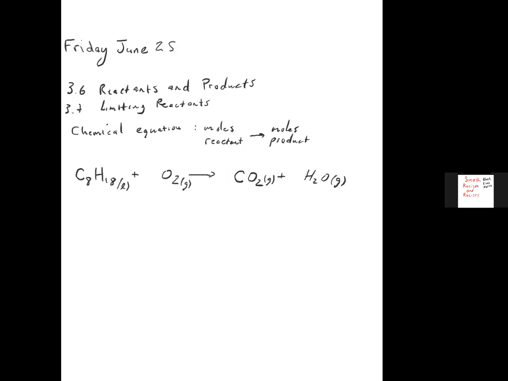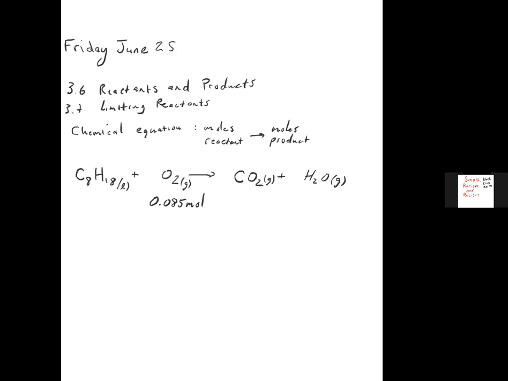Okay. So it says here that if you have 0.085 moles of oxygen. Okay, so that's given. So notice what I did. I wrote it right underneath the oxygen because that's the given information right there.